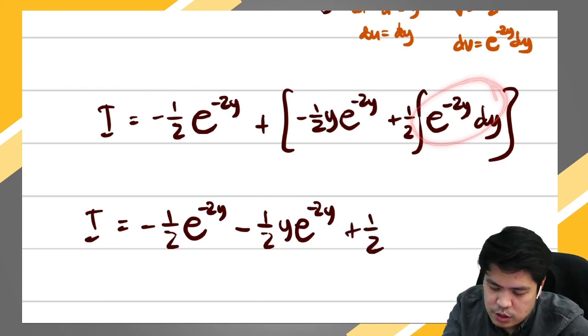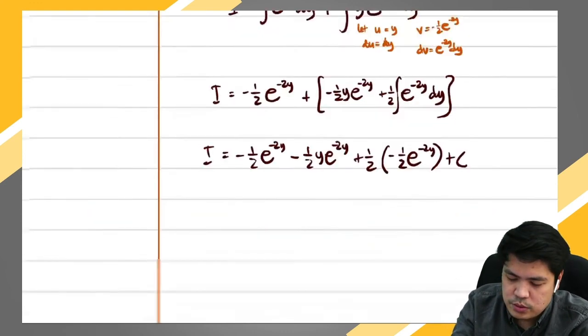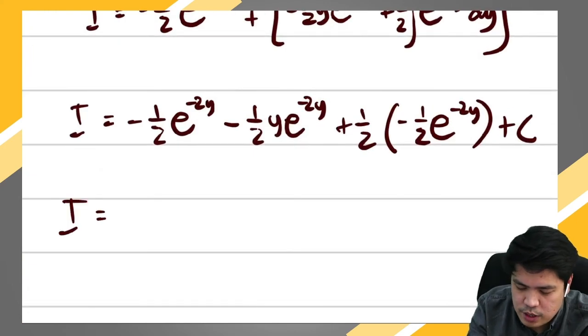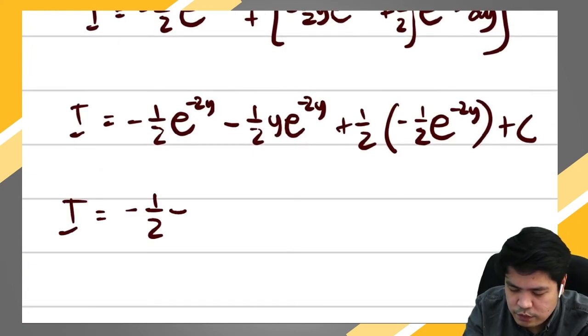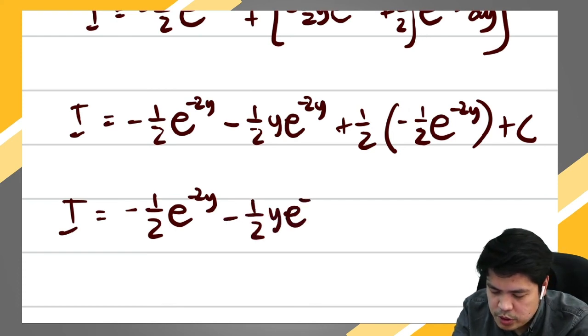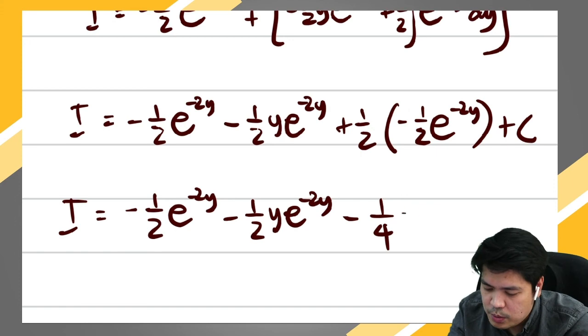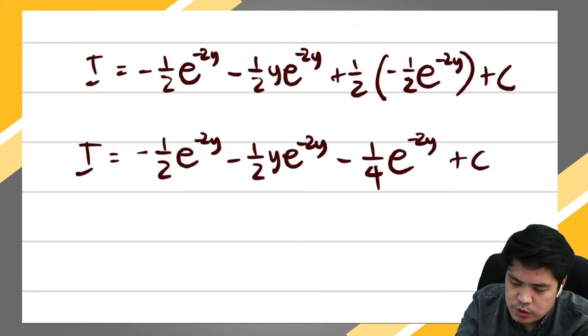We know that the integral of that, ulit-ulit kanina, is negative 1/2 exponential negative 2y, then plus c. Okay. Therefore, I is equal to negative 1/2 exponential negative 2y minus 1/2 y exponential negative 2y. Then, if I multiply this, that would be minus 1/4, tama ba? Exponential negative 2y. Then plus c, and of course, these are similar.